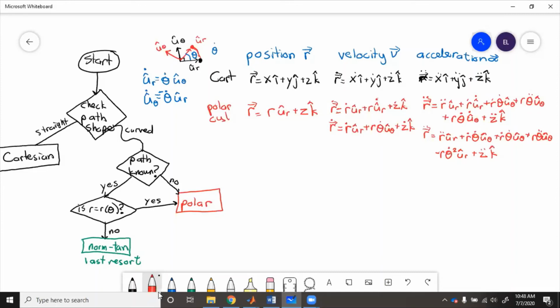Now this is really long, but we can group similar terms. So r double dot equals u_r.